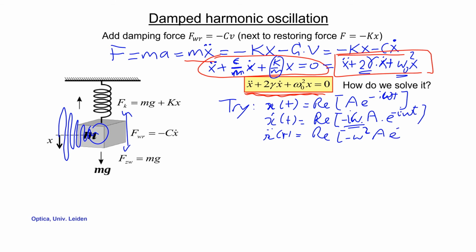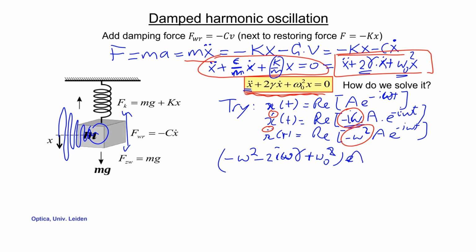And what you see is that every time you take the derivative with a dot, what you get back is a factor e to the power minus i omega. For the double dot, you get this factor back. So if you plug these expressions into this equation, for the double dot you get minus omega squared. For the first derivative, you get a factor i omega gamma, and the last term has no derivative at all.